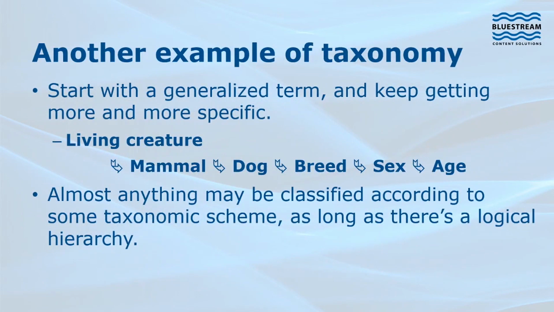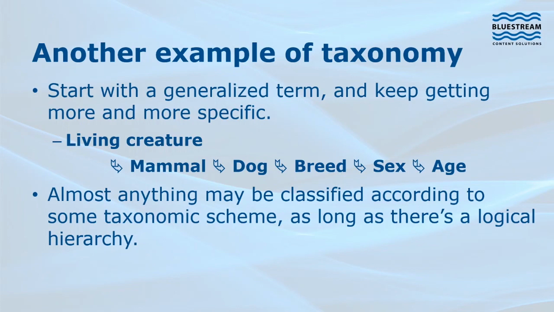A taxonomy starts with a term and gets more specialized, and in this way anything can be classified as long as there's a logical hierarchy. As you can see here with my example, from a living creature we can go to mammals, dogs, the breed of dog, the sex of the dog, the age of the dog. So anything can go through this so long as there is this logical hierarchy.